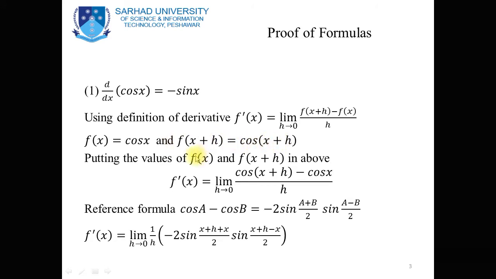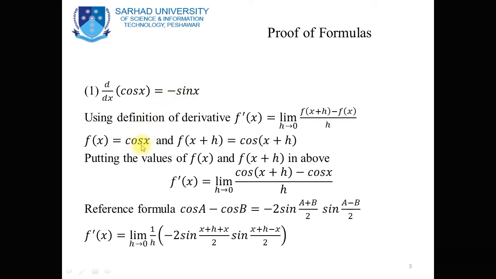So putting these two values, the value of f of x and the value of f of x plus h, in this formula. Actually we want to prove that the derivative of cos theta with respect to theta is equal to minus sin theta.